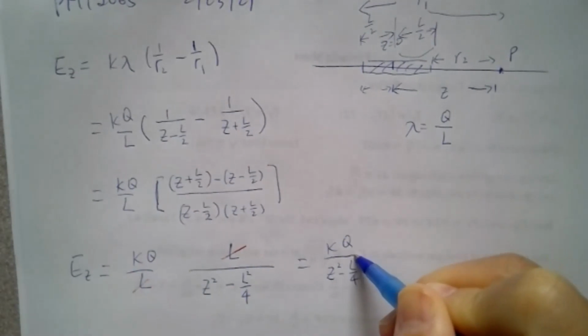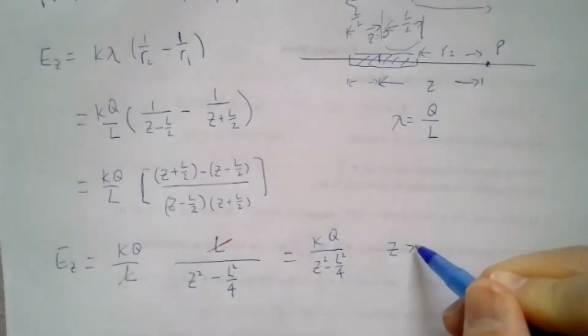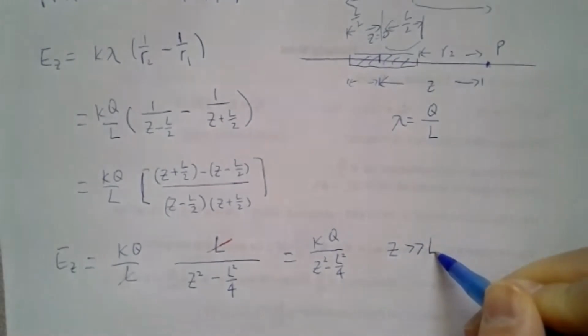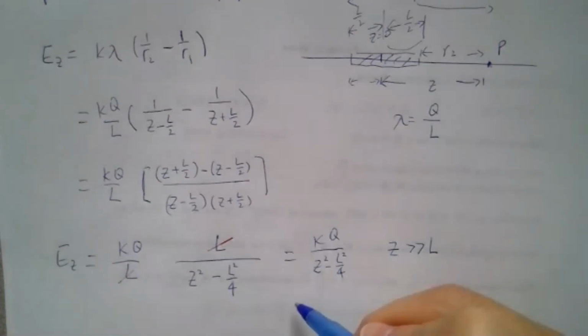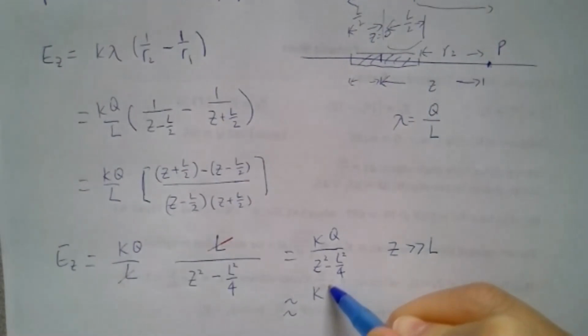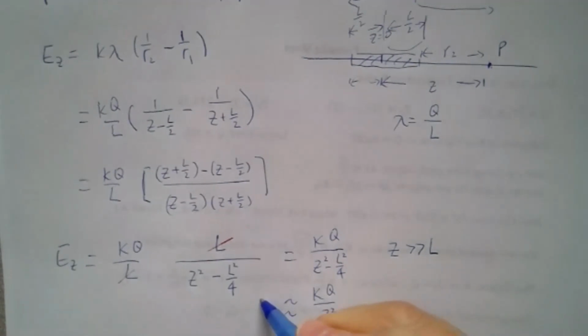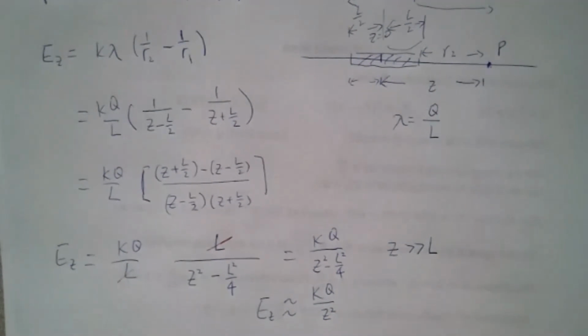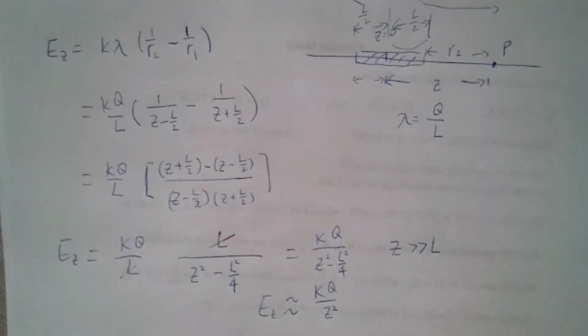Now, in the event that Z is much larger than L, which is the assumption in this case, you can approximate this as just kQ over Z squared, which is your E_z. That's the magnitude of your electric field if Z is very large.